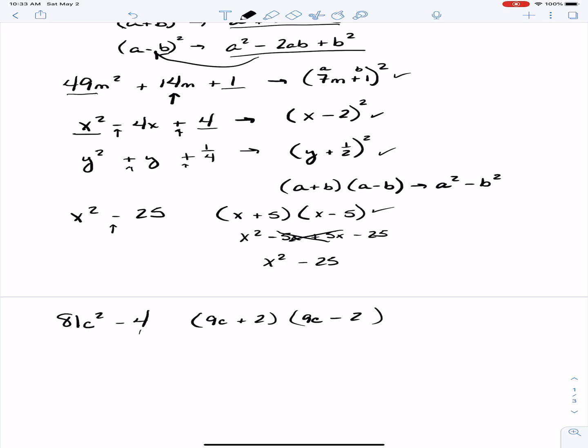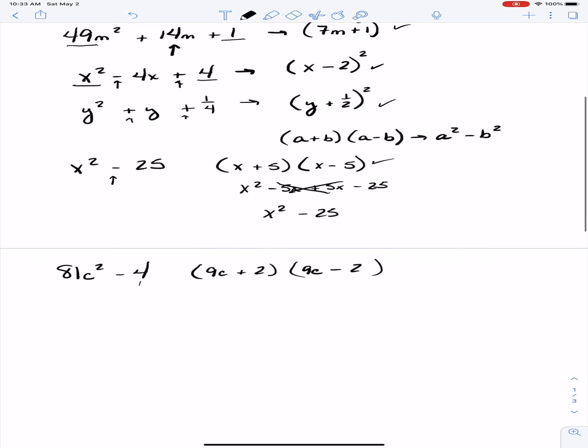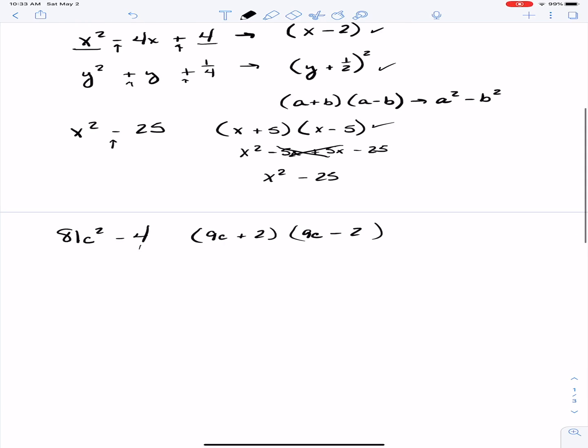Okay? Now, let's look at something a little different. Let's look at a question like this. So let's look at this example. Now in this example, neither one of our terms are perfect squares, but I don't want you to give up there. Ask yourself, can I factor something out of these two numbers, or do they have something in common that I can pull out or factor out that will leave me with perfect squares?